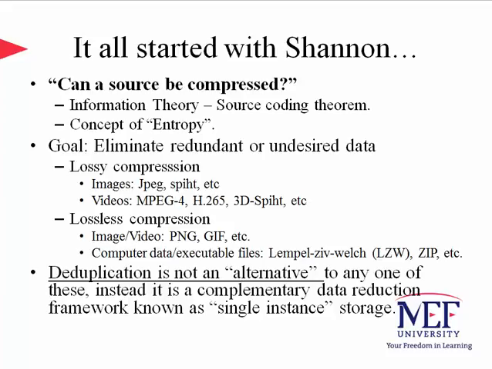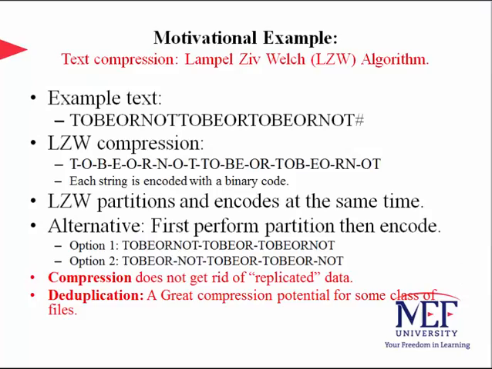Lossless compression is crucial for computer data because any loss will lead to loss of conceivable data. As you might guess, deduplication as defined so far is not an alternative to any one of these compression algorithms, but rather it is a complementary data reduction framework. So that's important to make this distinction between deduplication and compression. That's why I'm mentioning compression in this slide.